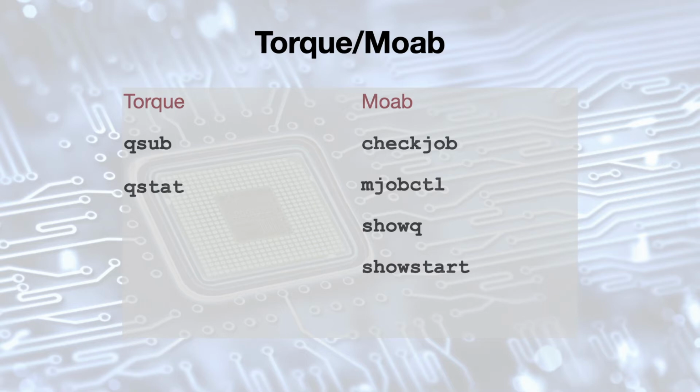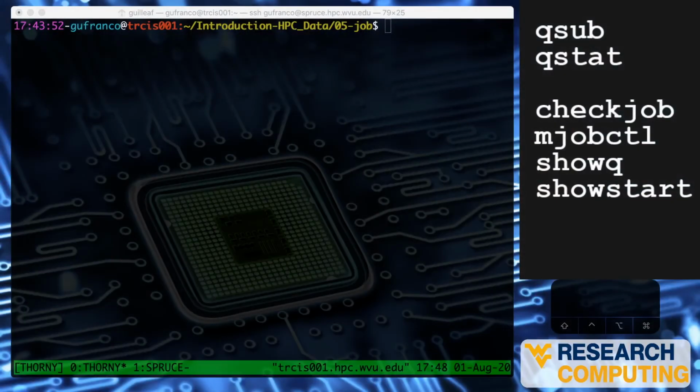There are a couple of commands on the Torque side, and there are a few commands on the Moab side. We will look into them and learn what each command is actually doing for you. So let's go back to the demonstration screen right here.